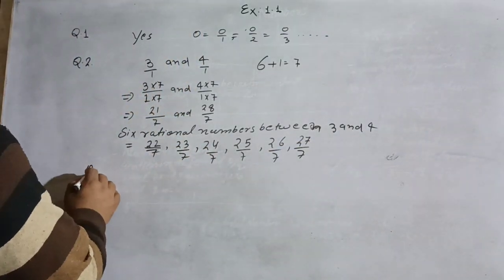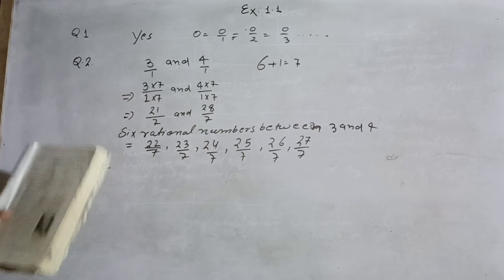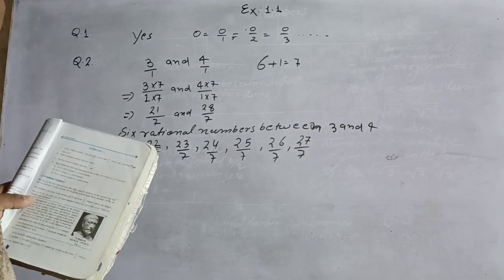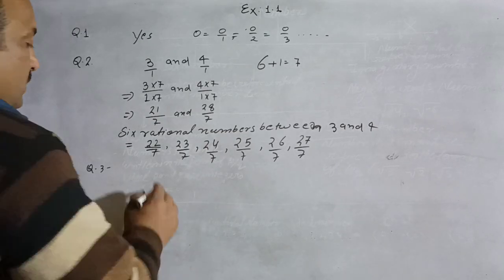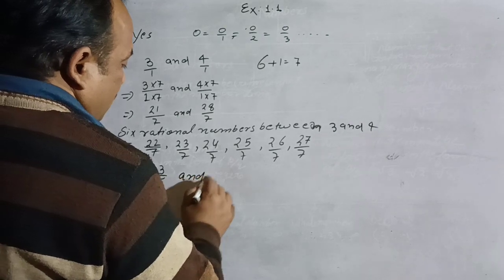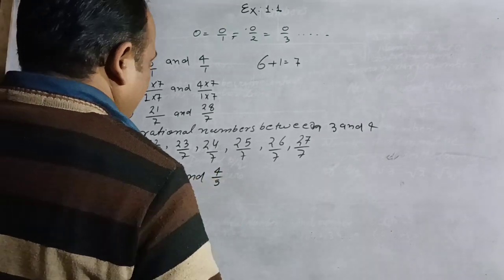Question number 3 asks: find 5 rational numbers between 3 upon 5 and 4 upon 5. First we write 3 upon 5 and 4 upon 5.